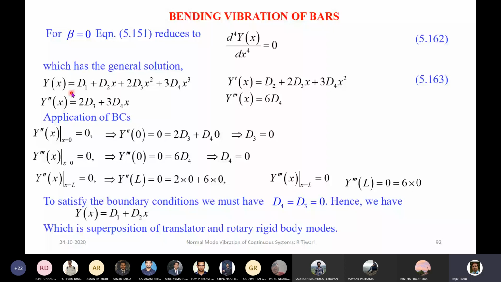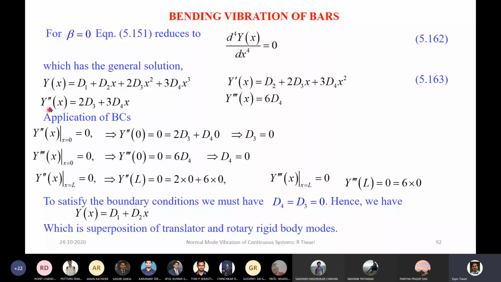d1, d2, d3, d4. If you just simply integrate, the first will be constant, then x, and then that kind of thing. So let us say this is the general solution. One derivative of this is giving us this. This prime is representing the derivative with respect to x.